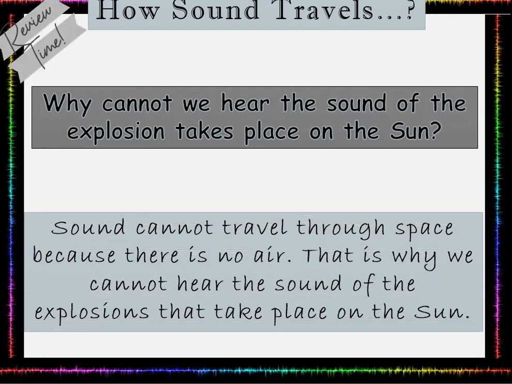This is why we cannot hear the sound of explosions that take place on the sun. Sound travels better through solids and liquids than through gases. Sound waves can travel through doors and walls. You can hear the ticking of a clock if you hold it between your teeth. You can also hear sounds in the water when you are swimming underwater.